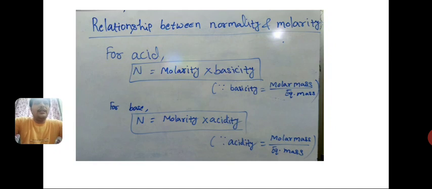So for mole fraction, what are the required things? The moles of all the components present in a solution are required. Suppose the question is given in terms of molality and you are going to find the mole fraction, right? In that situation, how can we find the moles of each component? Suppose a 5 molal solution is given.